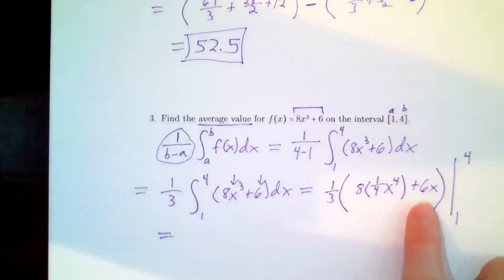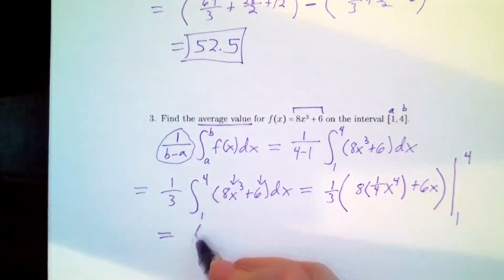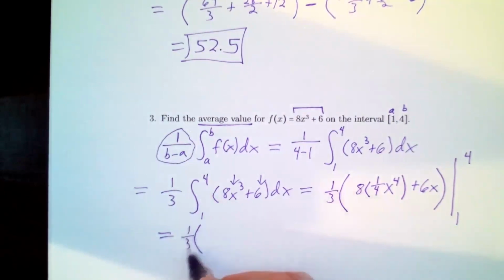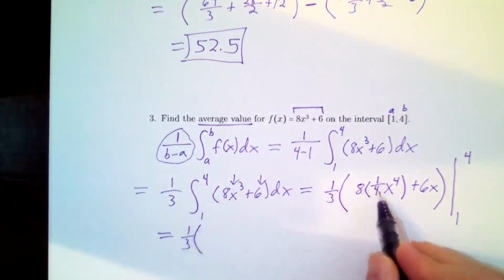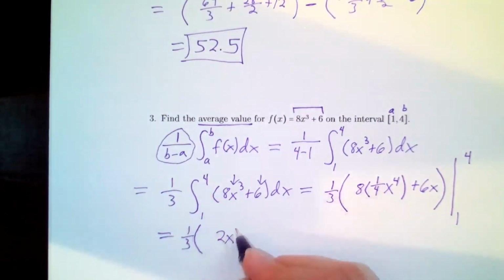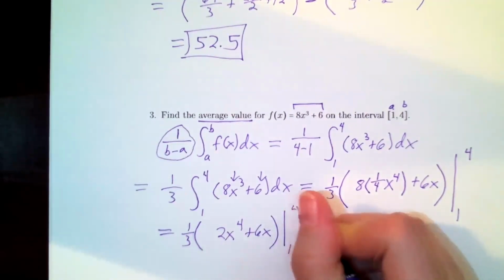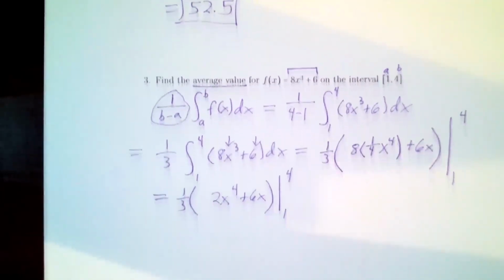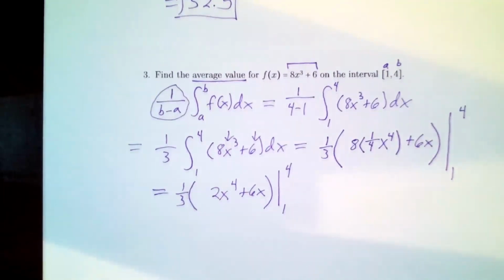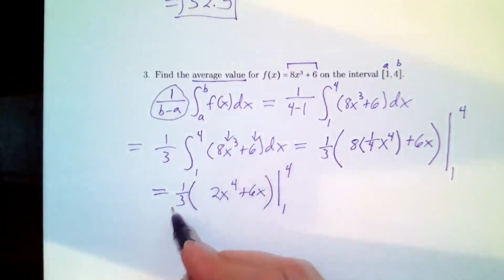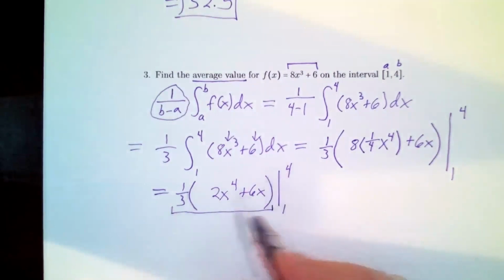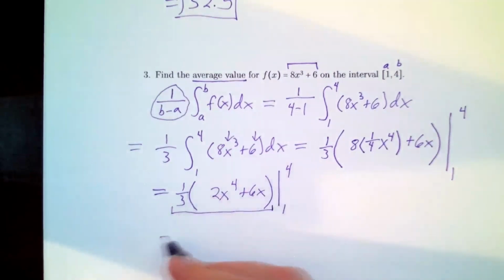Let's clean up the inside a little bit before I start plugging in numbers. I have this 1/3 sitting there. 8 times 1/4 is 2. So I have 2x to the 4th plus 6x times 1/3 to be evaluated from 1 to 4. Now I'm ready to plug in numbers. Plug in 4 into all of this and subtract what you get when you plug in 1.